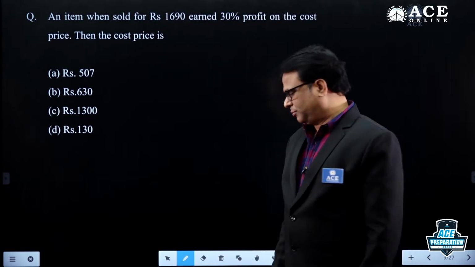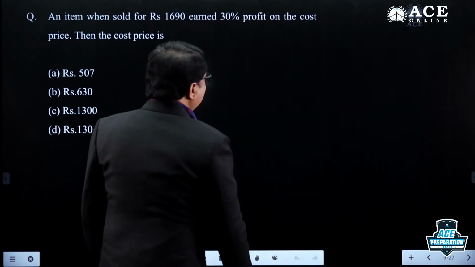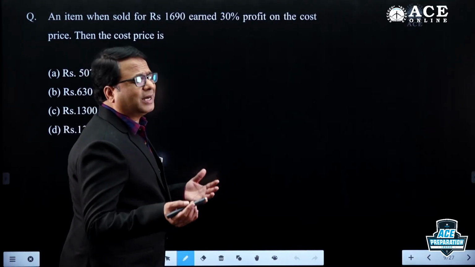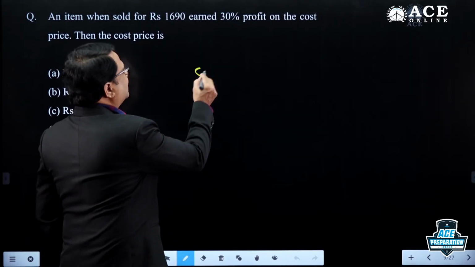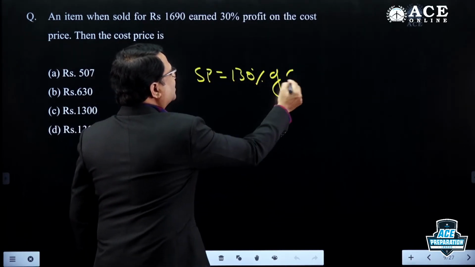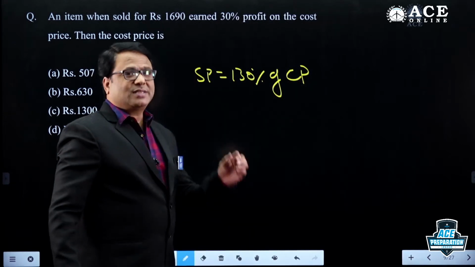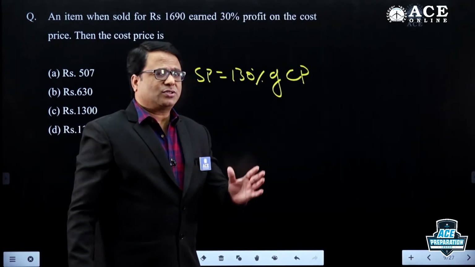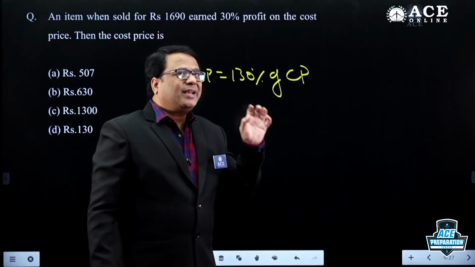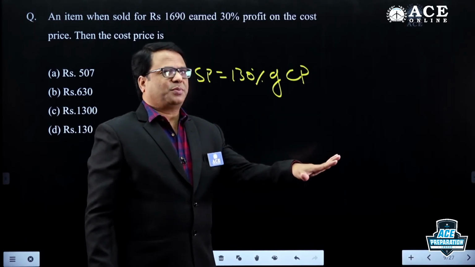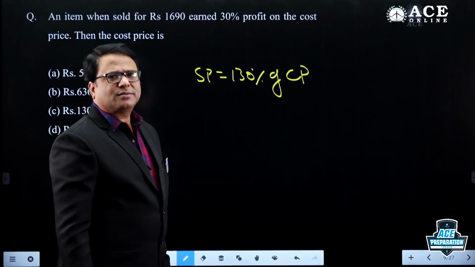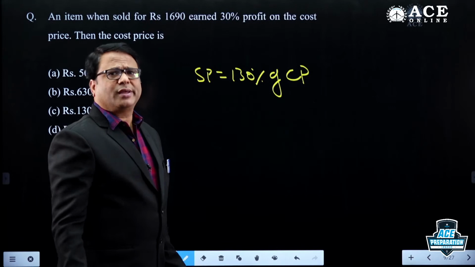That is the question. Now, when profit is 30%, how do you write selling price? We know selling price is 130% of cost price. Because we discussed, I repeat for you, we discussed if profit is P%, selling price is 100 plus P% of cost price. So selling price is 130% of cost price. But selling price already given.